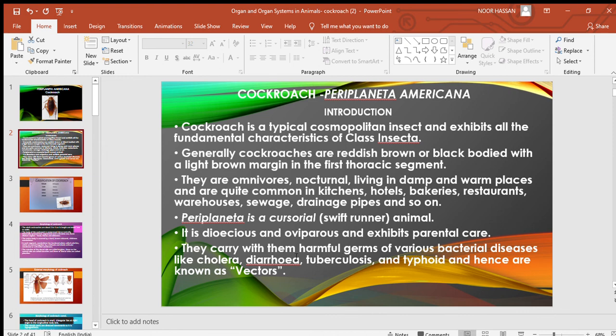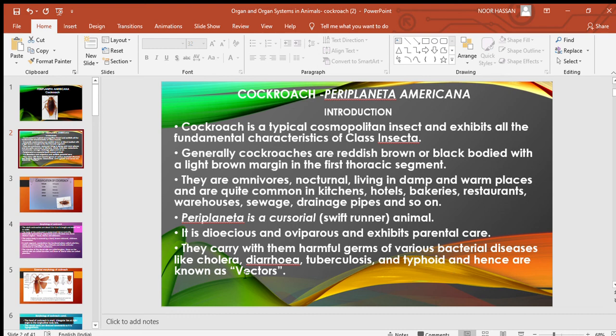Mostly, they carry bacteria which can cause many diseases like cholera, diarrhea, tuberculosis, and typhoid. So, they are called vectors.